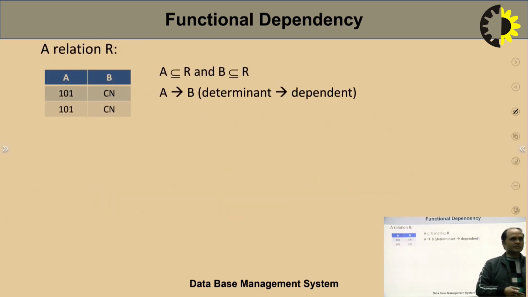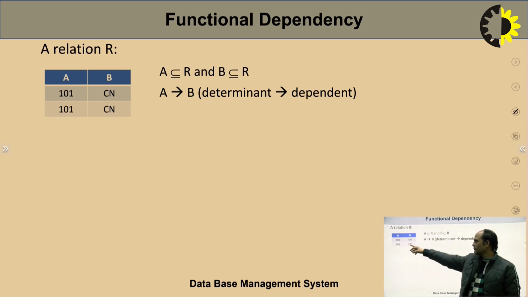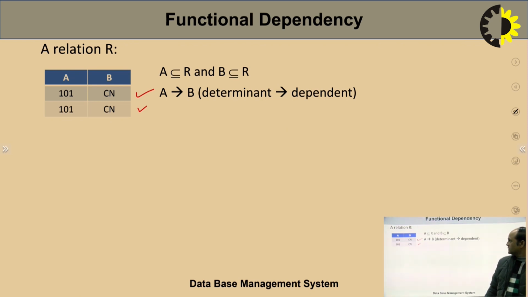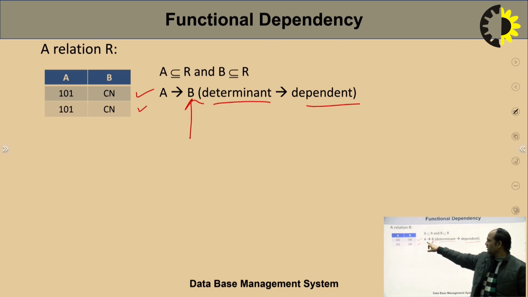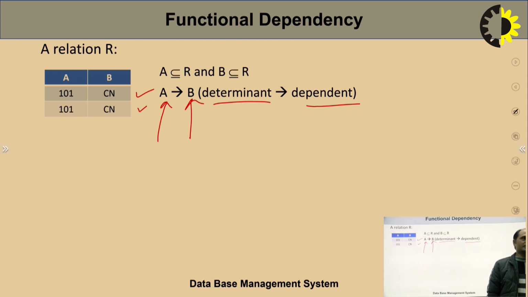Suppose we have a relation R with two attributes, A and B. A has the values 101 and 101, and B has the values CN and CN. So B is called the dependent and A is called the determinant in the functional dependency.